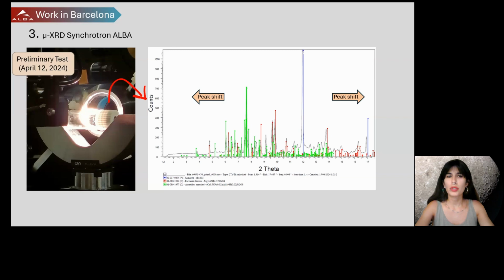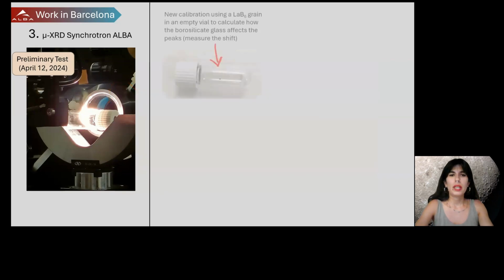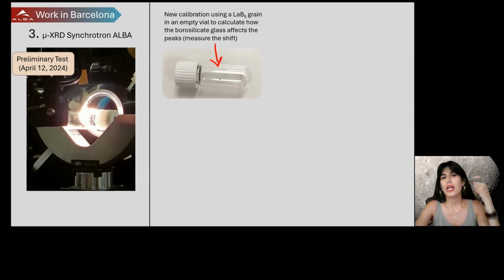So in order to correct this effect, we did a new calibration where we placed a lanthanum hexaboride grain into an empty vial to measure how the glass was affecting the shift of the peaks. And then we corrected for the actual day of the experiment using this measurement.